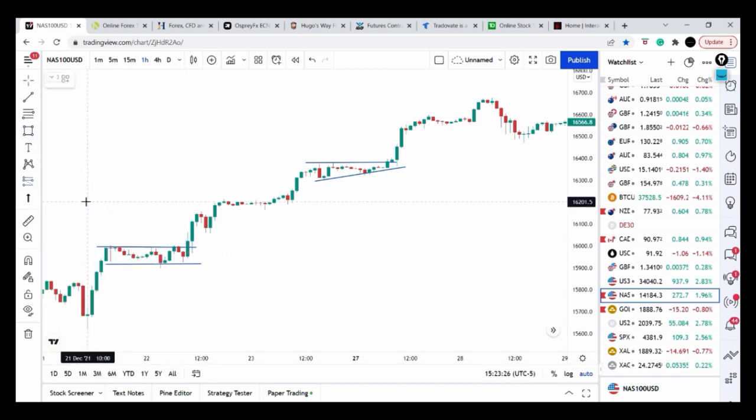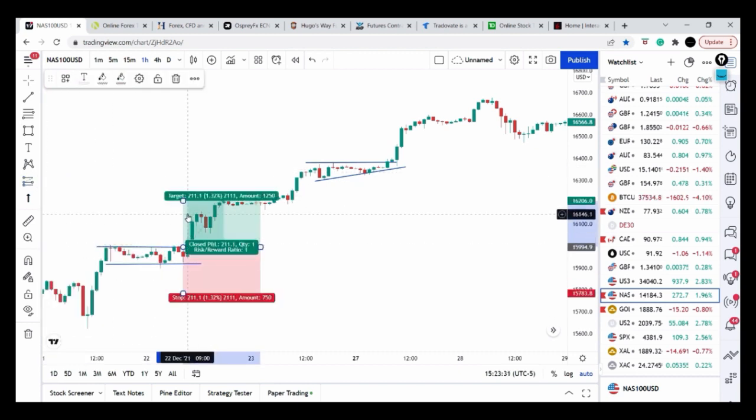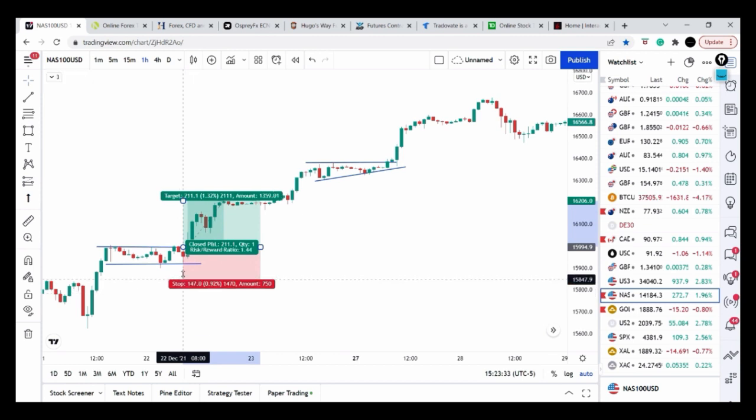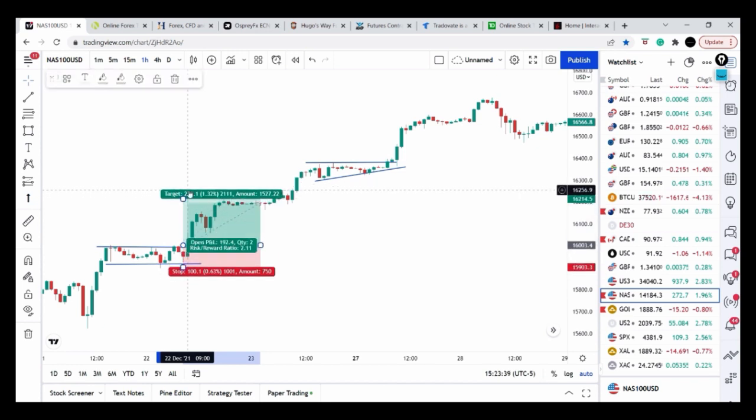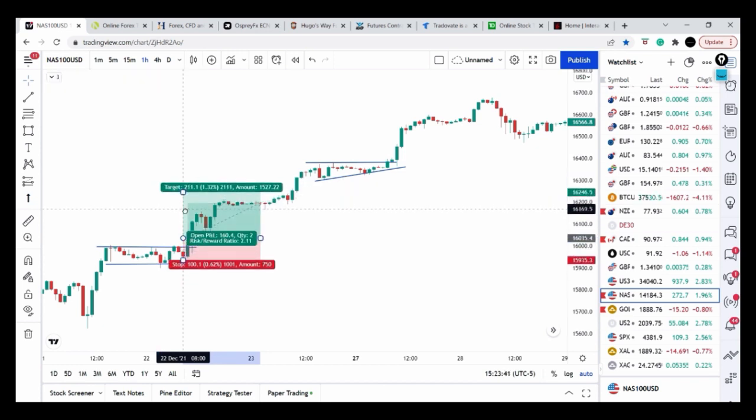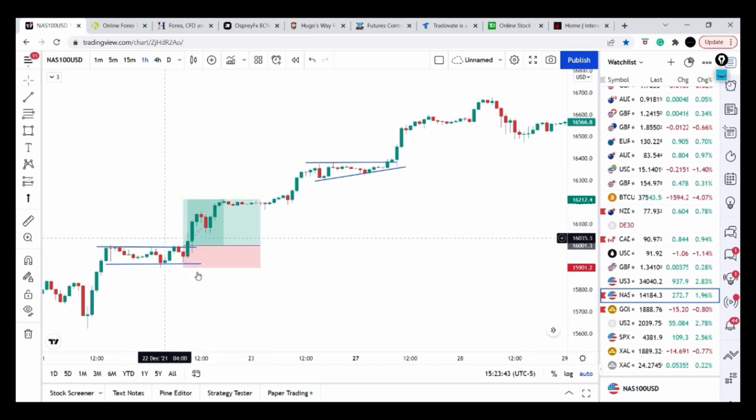I like to put my stop loss below the pattern, okay. So we're going to get in as soon as price breaks that top. I put my stop loss below the pattern. Again, I'm going to show you guys how to do this later on, but I'm just showing you guys real quick, okay? And I'll get out for my profits. So it'd be something like this, okay? Get in as soon as it breaks the high and look for my profits.